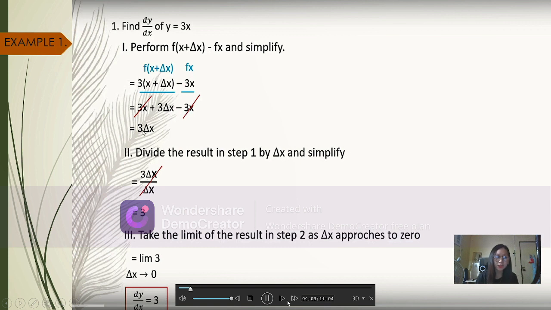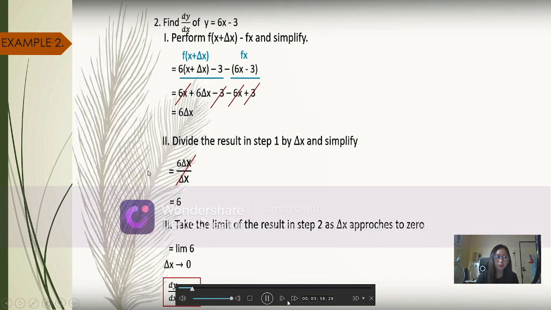So, proceed tayo sa step 2. Divide the result in step 1 by delta x and simplify. So, sulat lang natin dito yung nakuha natin sagot sa step 1, which is yung 3 delta x over delta x. So, cancel natin yung delta x. Ang matitira ay 3.